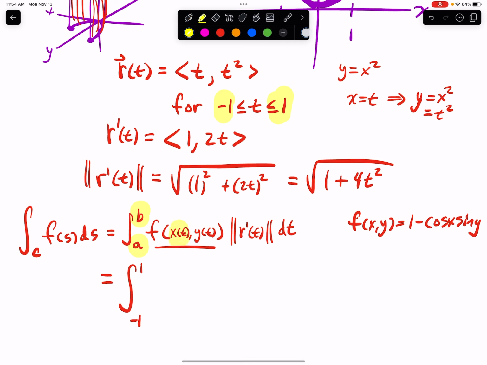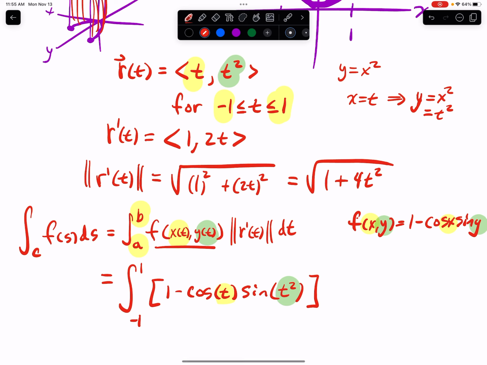And everywhere I see a y, I'm going to put a t squared. So this is 1 minus cosine t sine t squared, times the square root of 1 plus 4t squared dt.